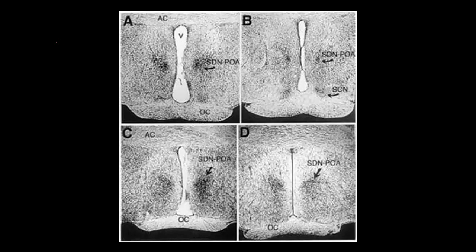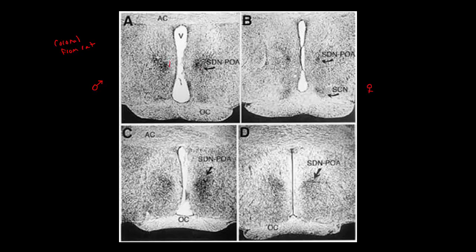This is a coronal section from a rat. Here, if you look, I've got the anterior commissure, third ventricle, optic chiasm. Those will mean more later after this chapter. In panel A, I've got a male. In panel B, I've got a female. And if you look, you can see this so-called SDN-POA being pointed at here.